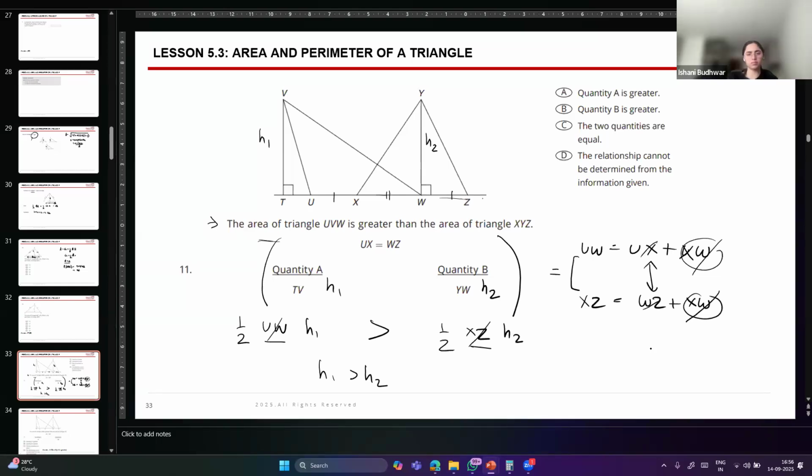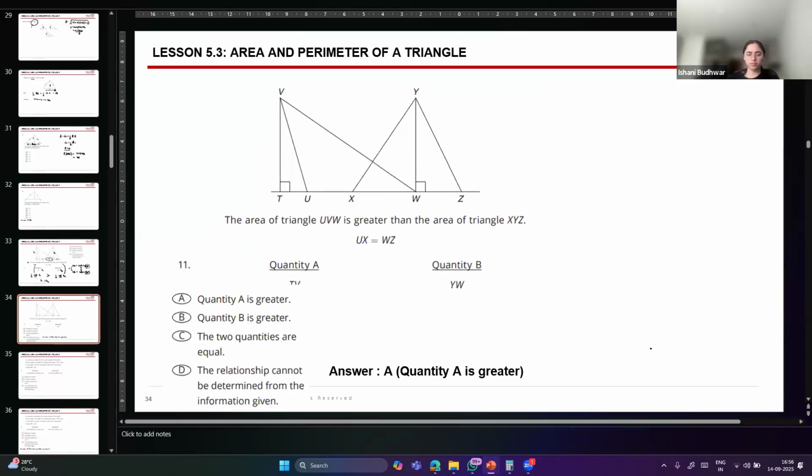So area of one is higher than the other, so the height of the first one will be bigger than the height of the second one. So this is a slightly harder problem, wherein you have to realize that this is a common side.